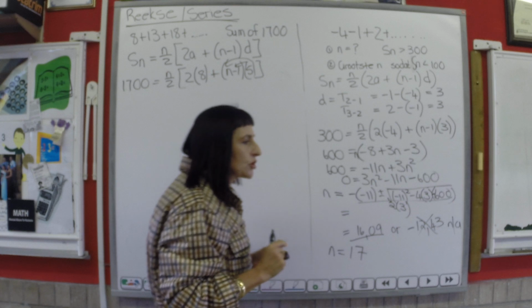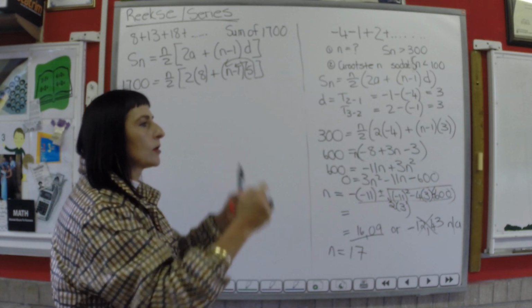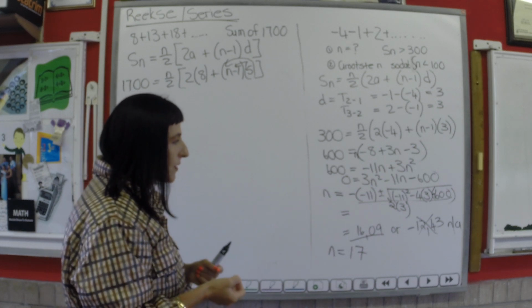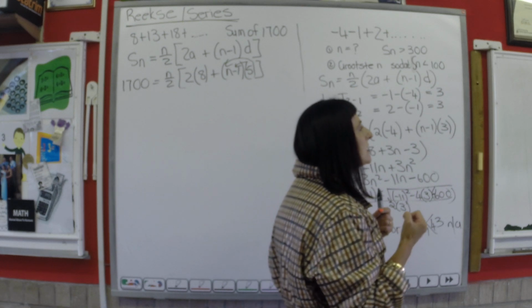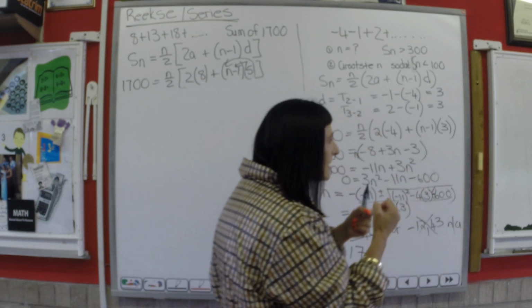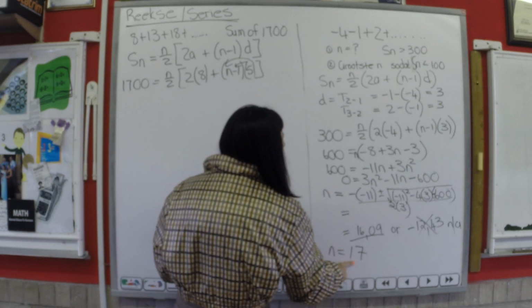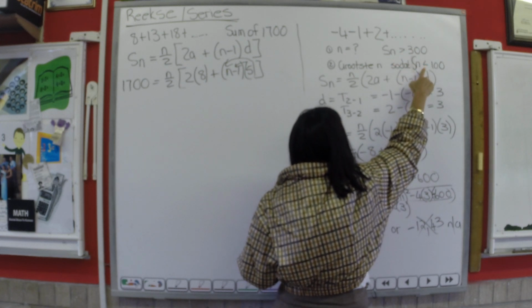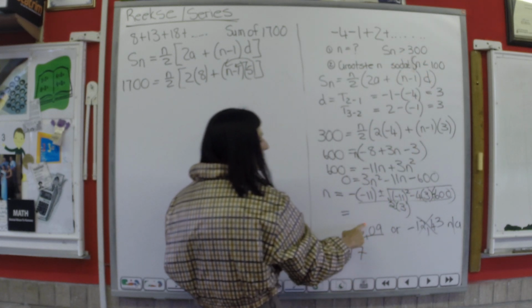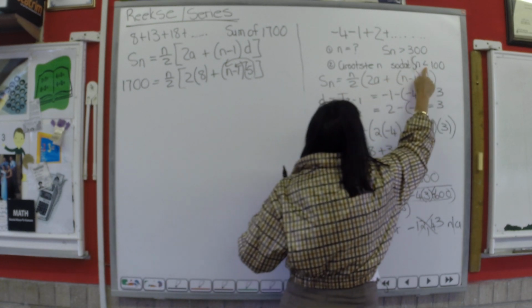Nie waar nie? So, my som van gaan al hoe groter en groter en groter en groter. So as ek kleiner as 100 soek, dan moet ek die ouetjie kies wat in die posisie kleiner lê as daai. So, okay? We've picked the bigger one over here because we want it bigger than 300. In this case, we're going to pick the one smaller than the answer because we need smaller than 100.